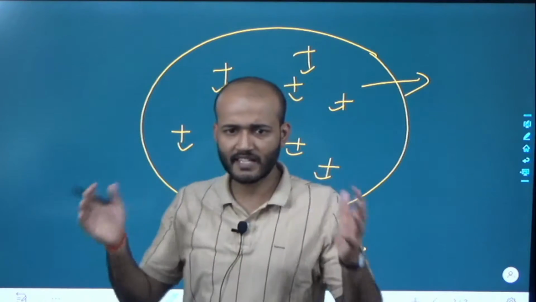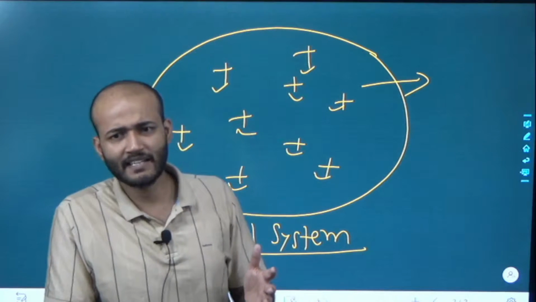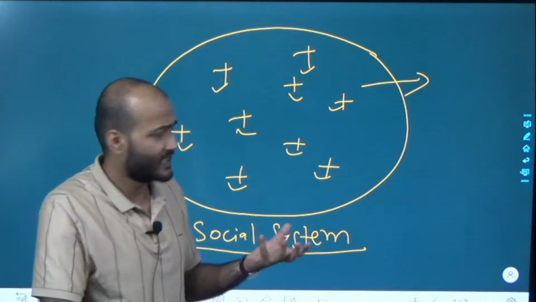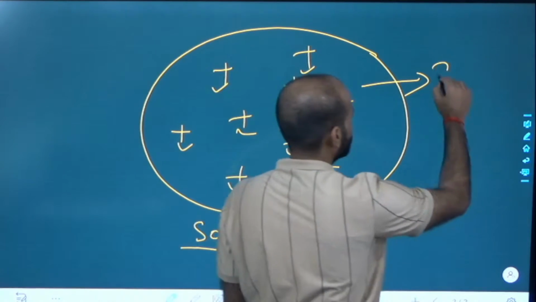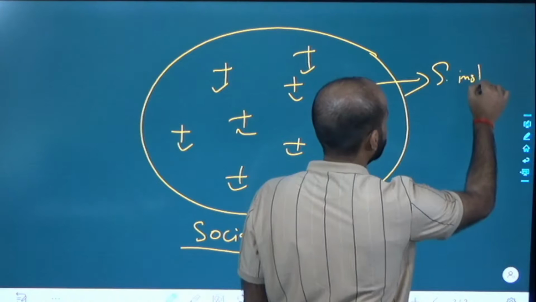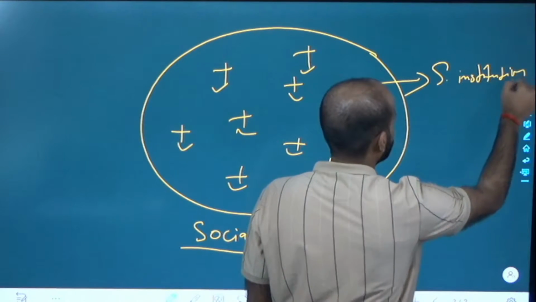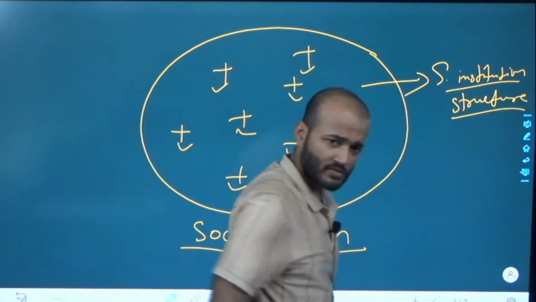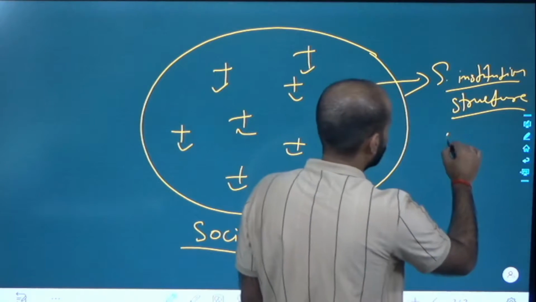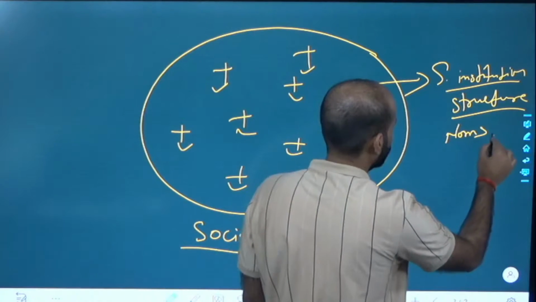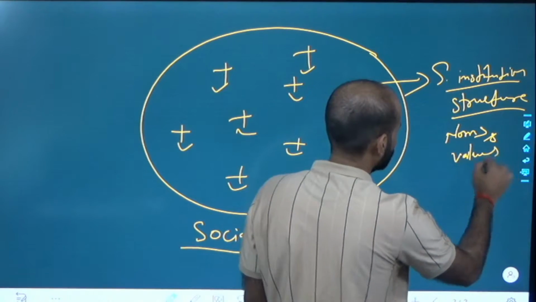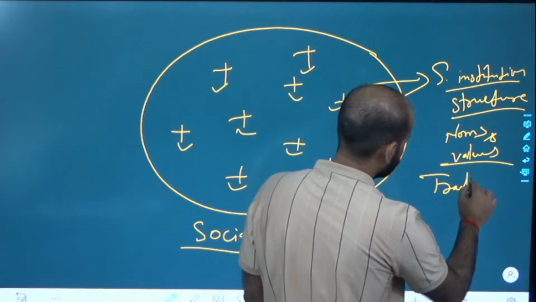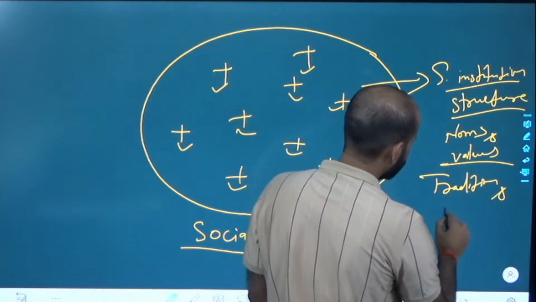All these things that we are witnessing, materialistic and non-materialistic, in society are contained in the social system: social institutions, social structure, norms and values, tradition and culture.